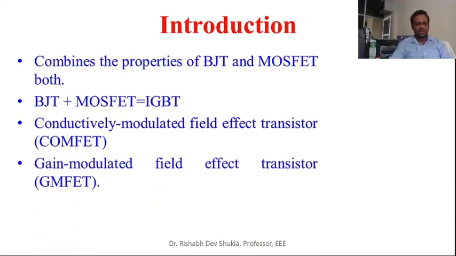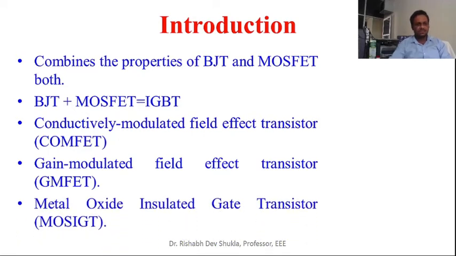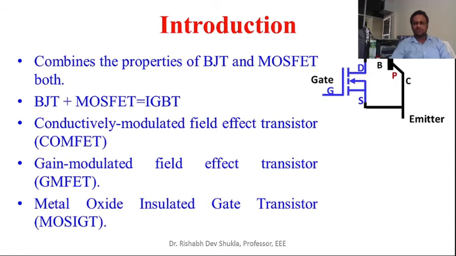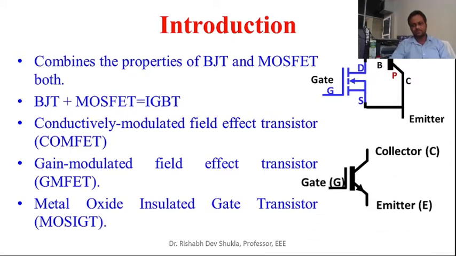It is also called the gain modulated field effect transistor, GEMFET, and the metal oxide insulated gate transistor, MOS-IGT. A more simplified structure of this IGBT can be represented as one N-channel MOSFET plus an NPN transistor connected in this fashion. The symbolic representation of IGBT has gate, collector and emitter, BJT plus insulated gate.